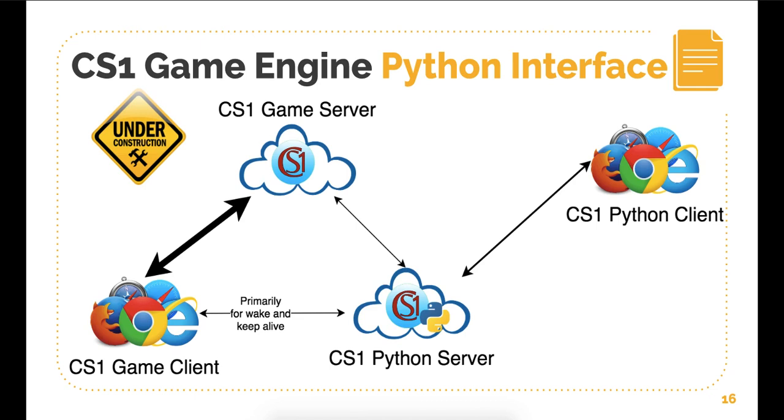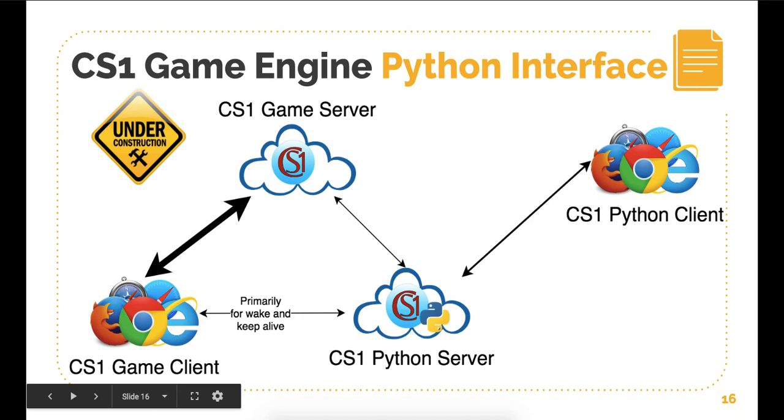So it'd be best in most cases, with this connection between the CS1 game server, which is a Node.js server, to have it run requests over to the Python Flask server.